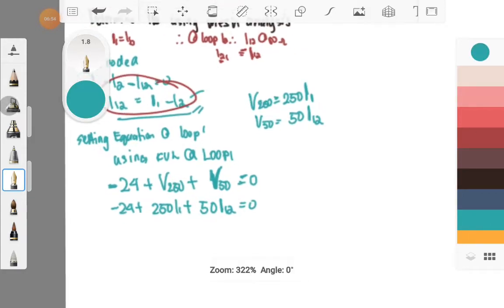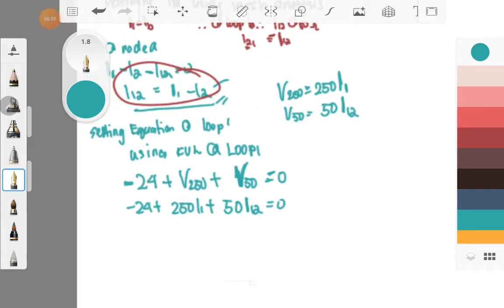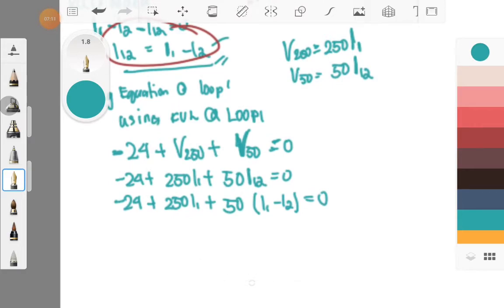Alright, so we have negative 24 plus 250 I1 plus 50 multiplied by I1 minus I2 equals 0. So we have negative 24 plus 250 I1 plus 50 I1 minus 50 I2.